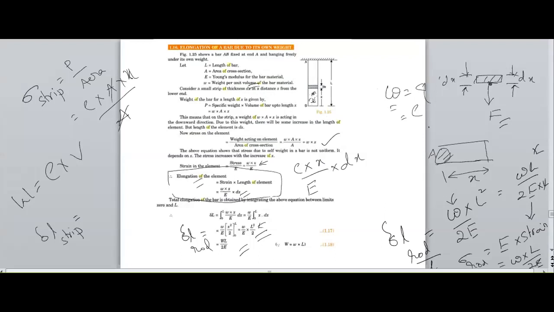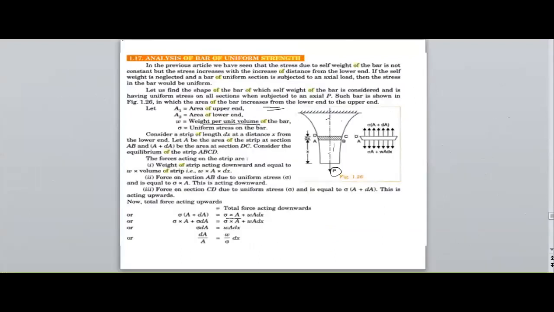Next derivation, uniform strength. So in the previous derivation, we have derived that according to the length of the rod, the stress will be varying. That is nothing but small WL by 2, which is the stress in the component due to its self-weight.